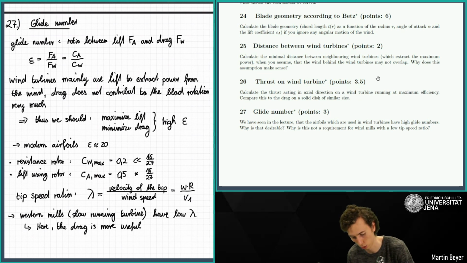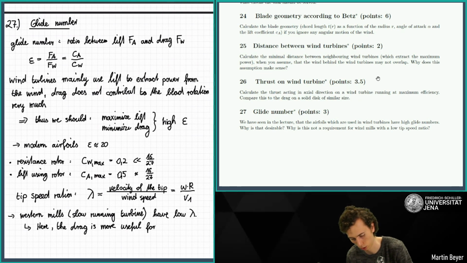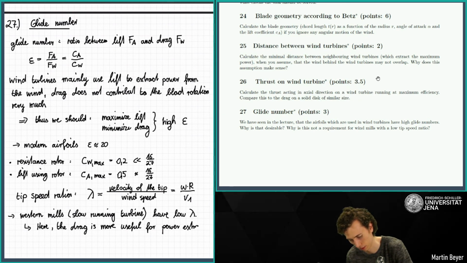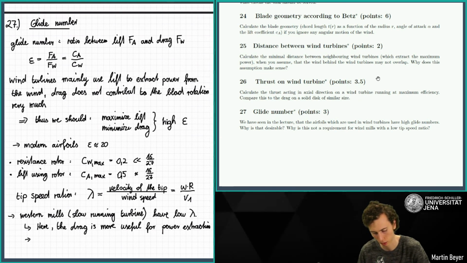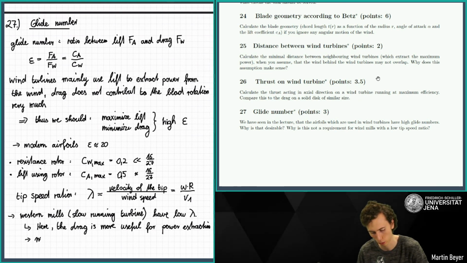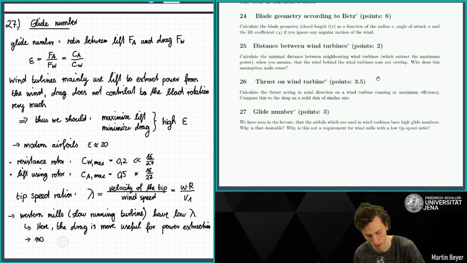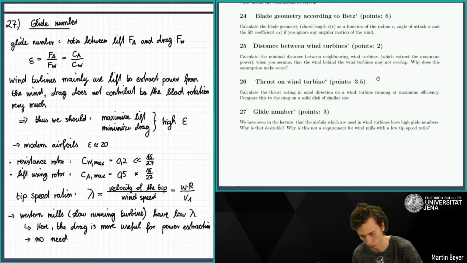This is just due to the lower speed of our tips. It's more useful for power extraction. So we don't have need for high glide numbers.